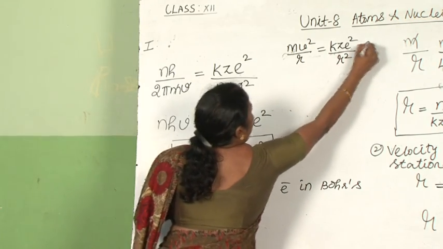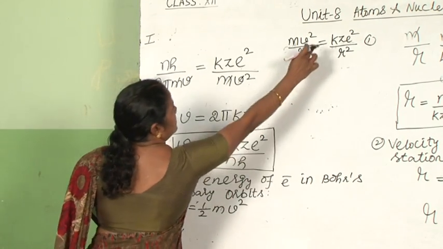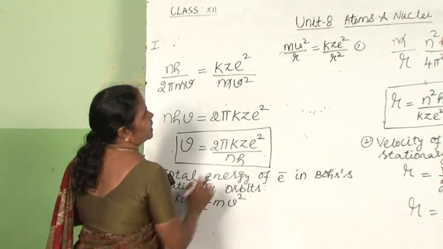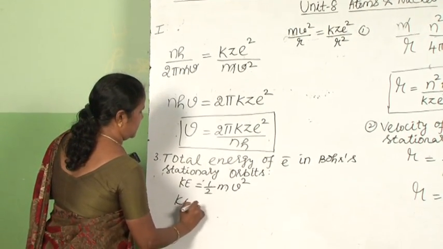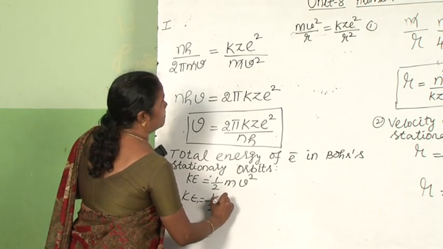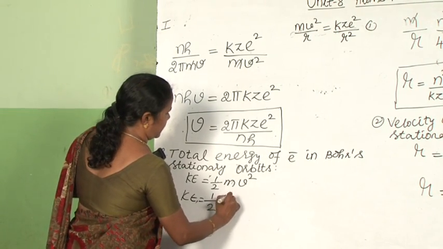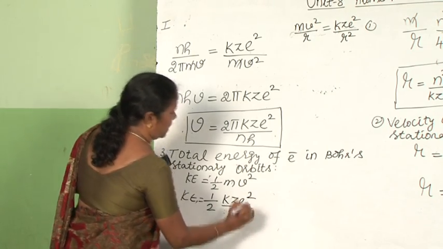From this equation 1, kinetic energy is half m v square, r will go off. So kinetic energy is half m v square, k z e square by r.